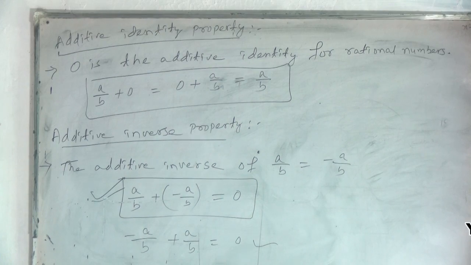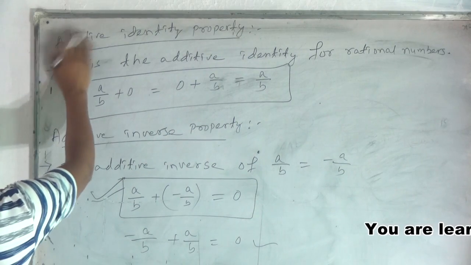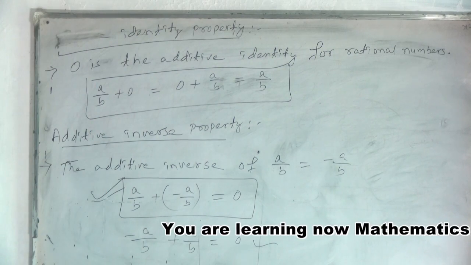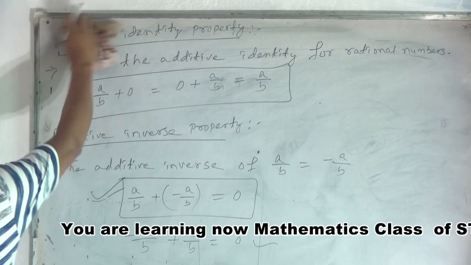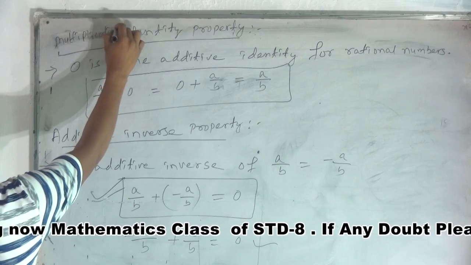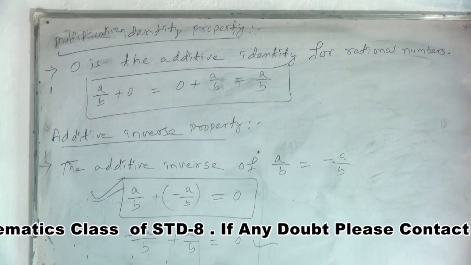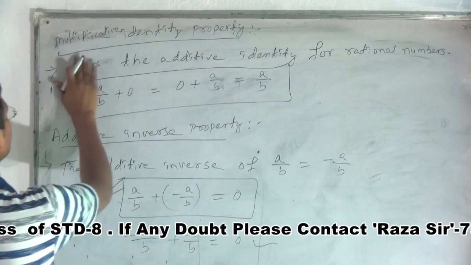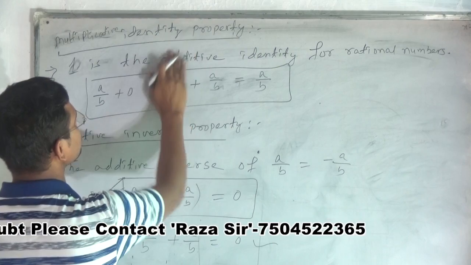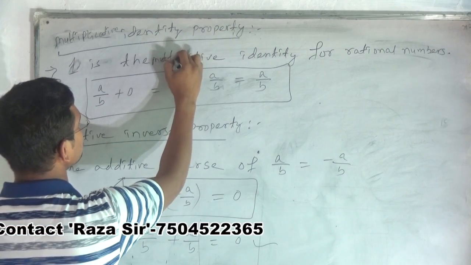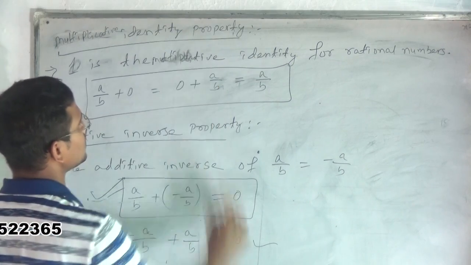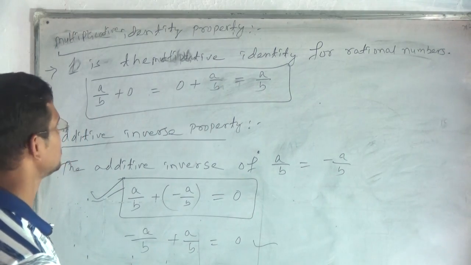Similarly, the multiplicative identity property. 1 is the multiplicative identity for rational numbers.